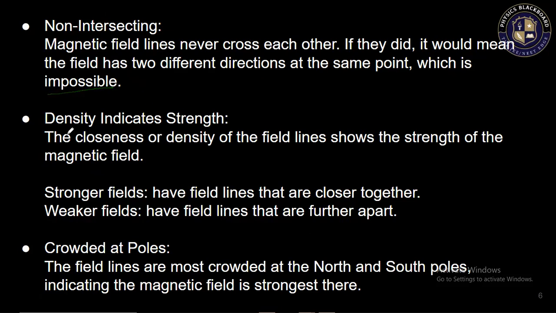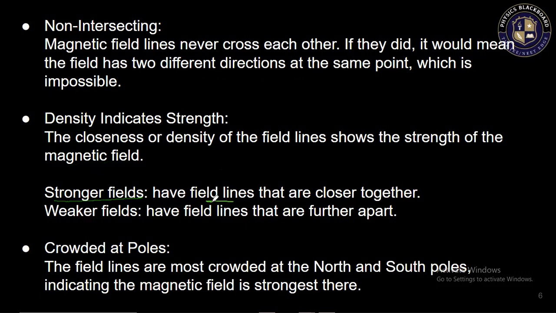And coming to the density of magnetic lines, the degree of closeness of these magnetic field lines shows the strength of the magnetic field. Where the density of field lines or degree of closeness is more, you can say that there is a stronger field.